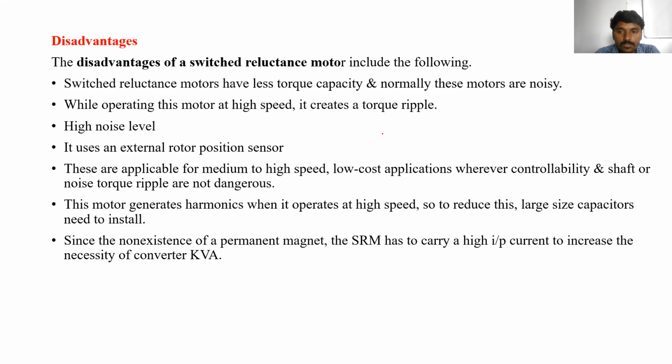This is also a drawback, because we have to increase the ratings of the inverter circuit and of the components used in it. Obviously it will increase the converter circuit cost. All these are drawbacks.